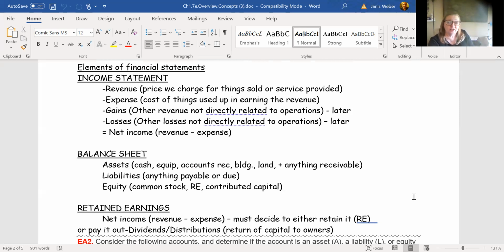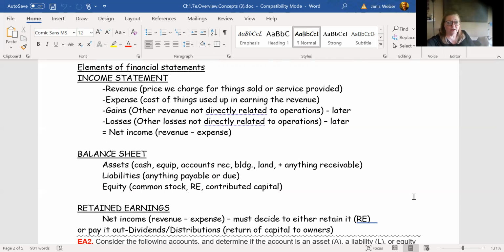And then also if you had losses from the disposition of assets that are not part of your ongoing operations, that would go as part of your net income also. But these gains and losses we'll discuss later in the course or in an upper level course. But for now, we just think of net income as being revenue minus expenses.